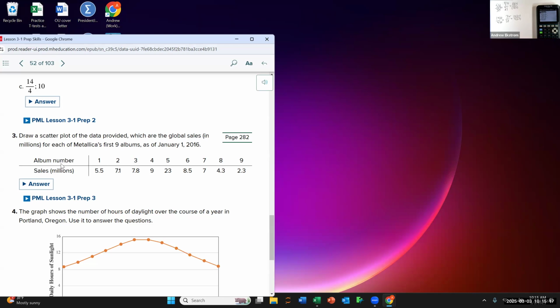The first thing that you're going to see on the top here is where it says stats plot or plot one off. We want to turn plot one on. So I need to hit the enter button and you can see how it's blinking on the on, hit enter. L1 is going to be my X list and L2 is my Y list.